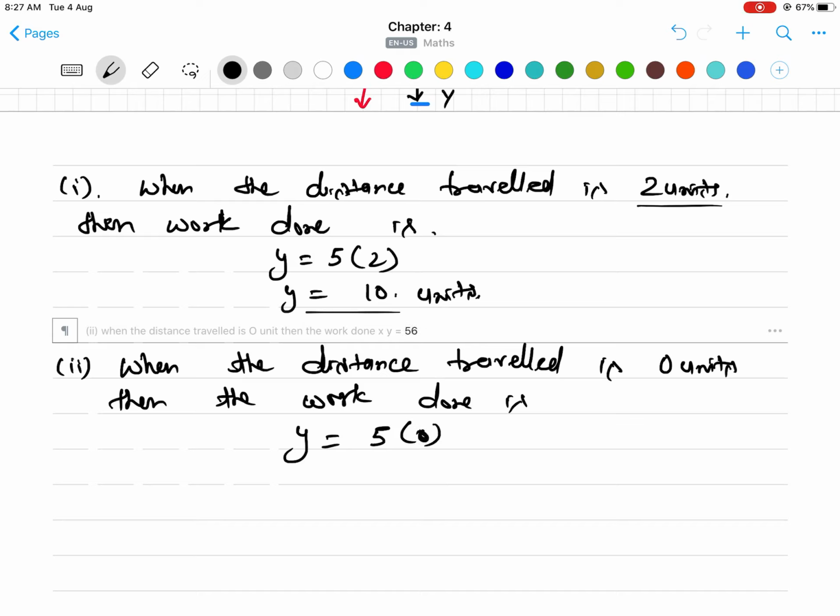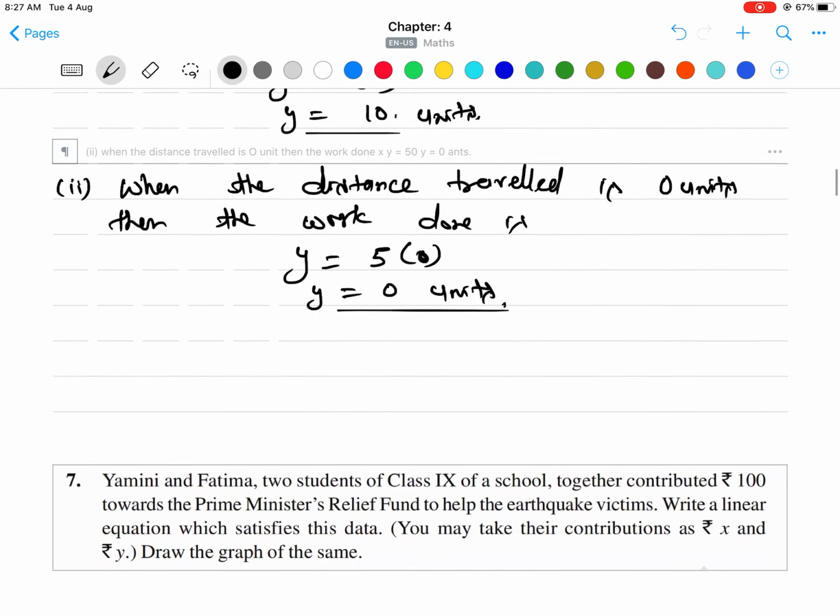So 5 into 0 will result in 0 units. So if the distance traveled is 0 unit, that means work done is also 0 units. So that's the solution of question number 6 of exercise 4.3.